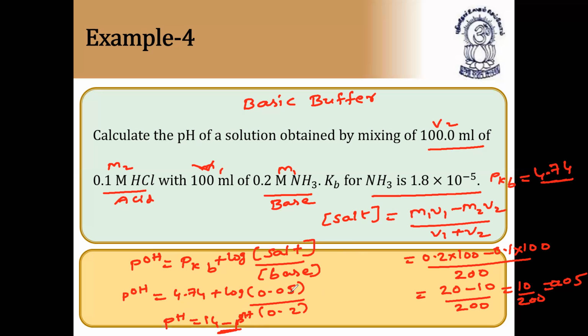So you'll definitely get the answer. So please do accordingly. This is the question and this is the answer. If you are doing it there itself, it will be easy for you to understand. That's why I have tried to complete the problem here. So 0.05 divided by 0.2 is equal to 0.25. So log 0.25 is negative. So pH is equal to 14 minus 4.74. Final answer you'll get from 14 minus 4.74.